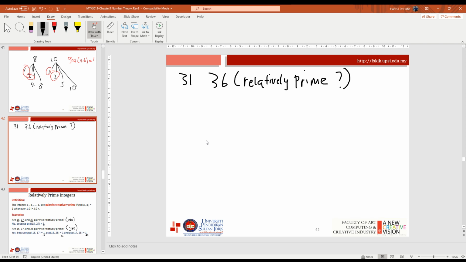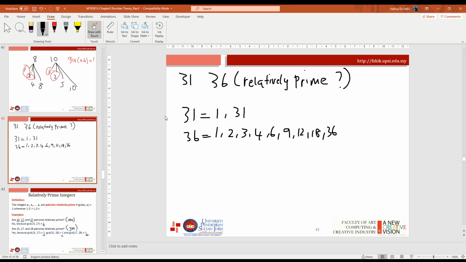We list out the factors. For 31, we have only 1 and 31. For 36, we have 1, 2, 3, 4, 6, 9, 12, 18, and 36. The answer is yes because we have only one common factor, 1.